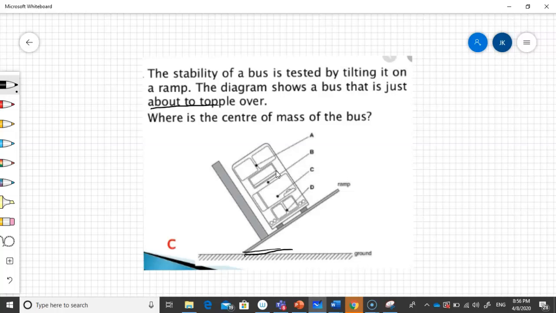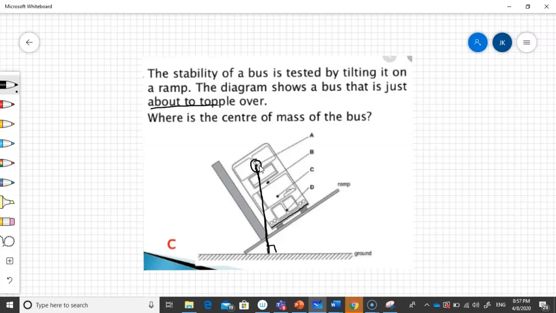If you draw a vertical 90-degree line to the base, now you can see this is the base of the bus, and this line is passing out of the base. So this bus has already fallen, toppled over.